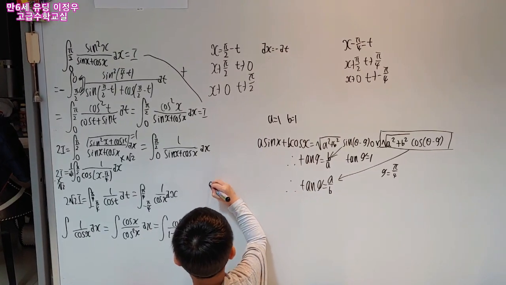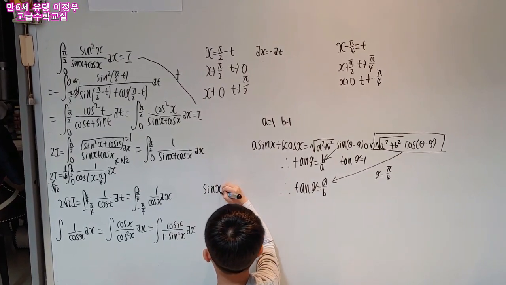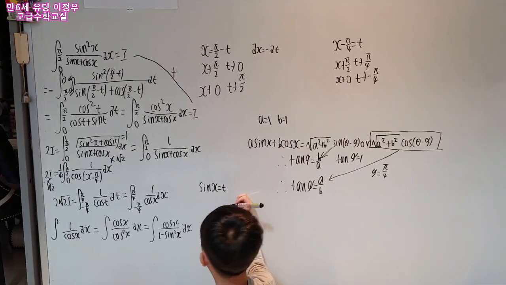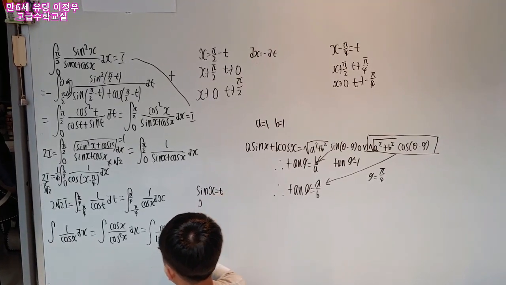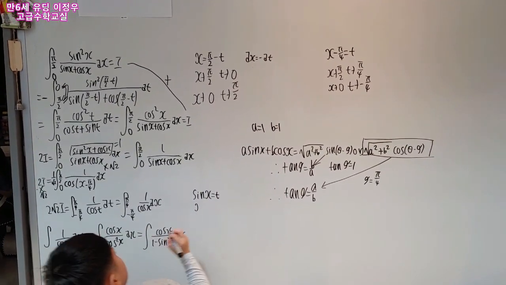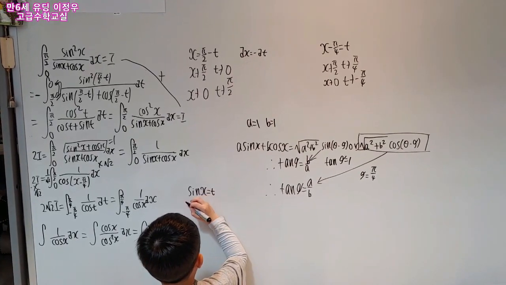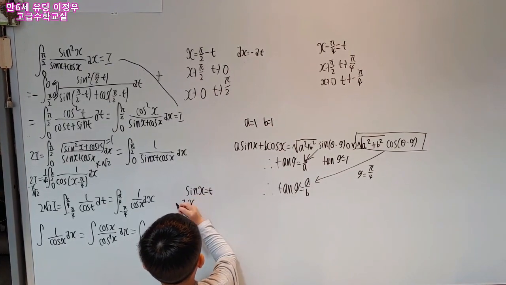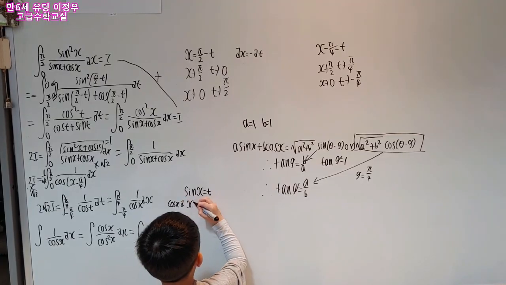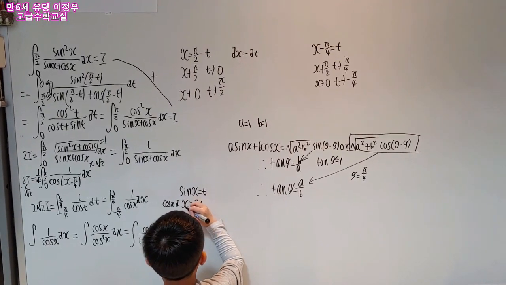And we go to sine x equals t, so cosine x dx equals dt.